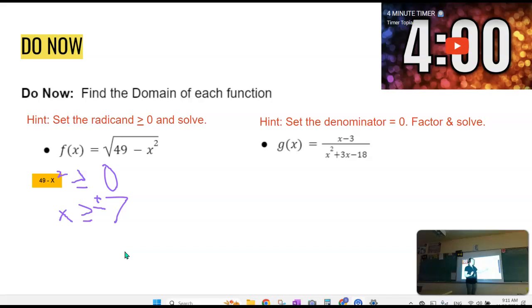Does that help? So that's why we put it has to be greater than or equal to 0. And then we solve, we get both. So the solution set is what's that plus and minus? Between negative 7 to positive 7.